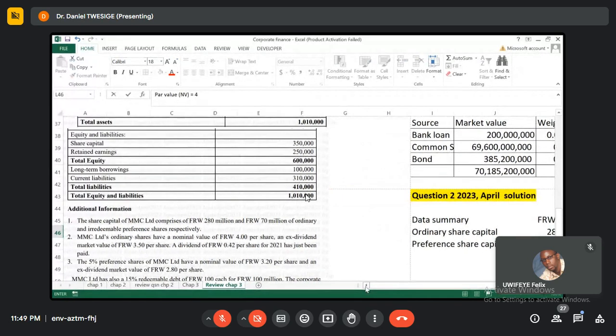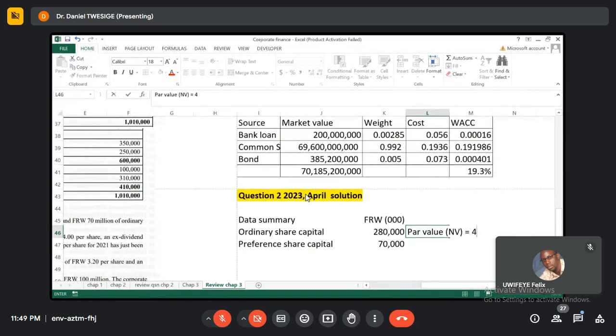And an ex-div market price, the market price which is ex-div. I think the language now is clear. An ex-div price, P0, is equal to 3.5. That is that data.